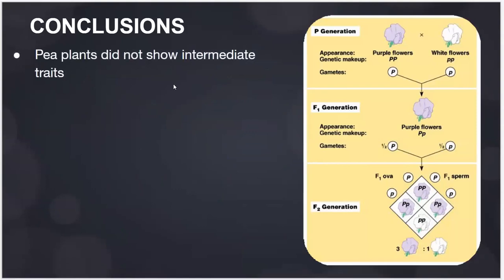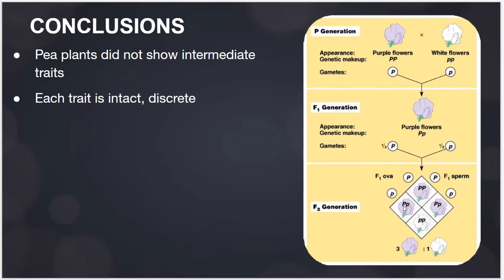So here Mendel saw that there are no in-between characters. All of them were either tall or dwarf in that example. Here if you take the color, either it will be purple or white. Somewhere in between like pinkish was not observed. Then each trait is intact and discrete.